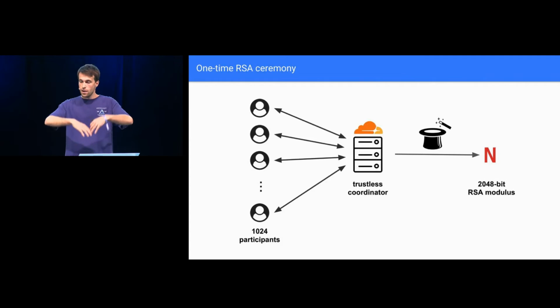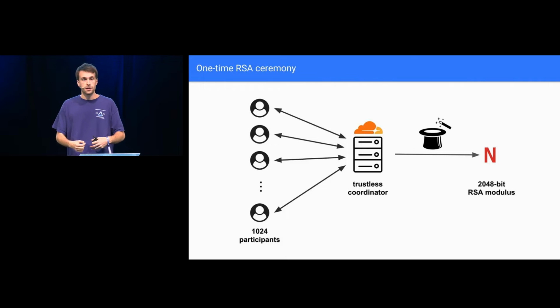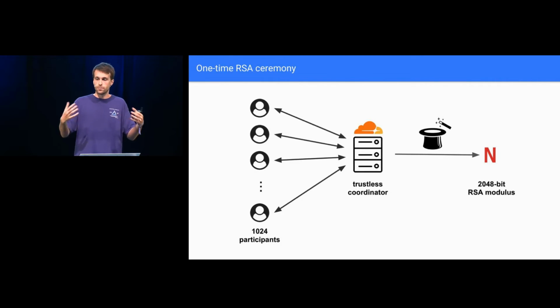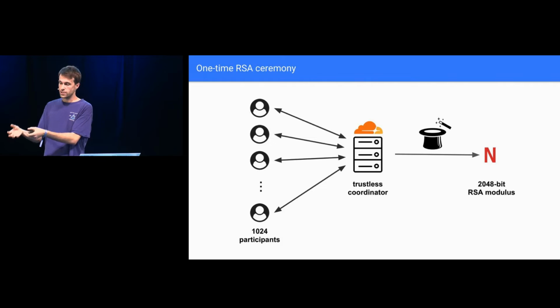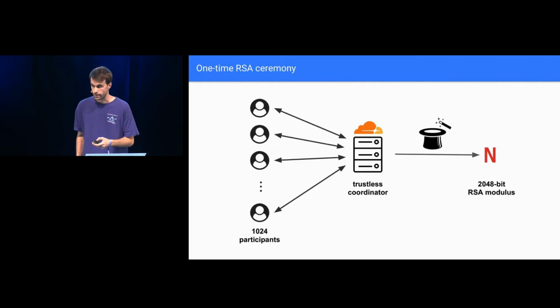So you have a bunch of participants, for example, 1,000 participants, and they're going to participate in what's called a multi-party computation. And you need just one of them to be honest in order for the output, which is a 2,000-bit RSA modulus, to be unfactorizable by everyone. And just to speed things up, we could have a trustless coordinator in the middle, as shown.